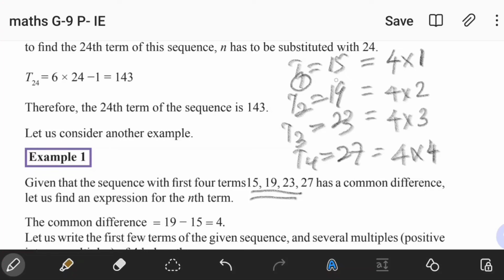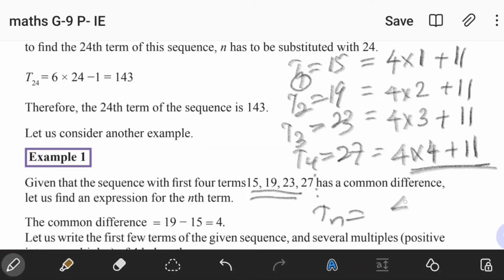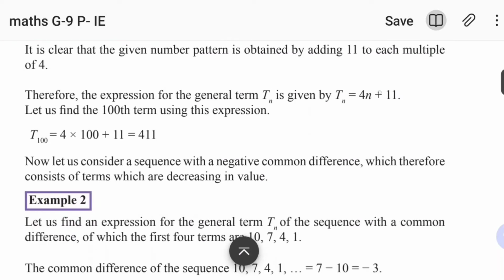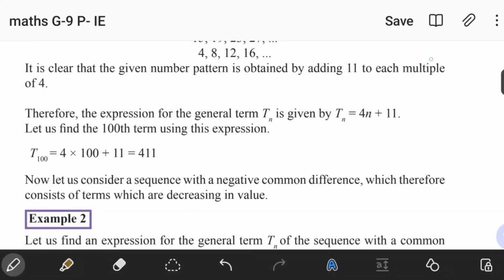So to make 15 from 4 you need to add 11. To make 19 from 8, 4 times 2 is 8, you have to add 11. Similarly, if you do this, you see a common pattern. So likewise, Tn becomes 4n plus 11. So this will be the number pattern for this particular sequence.